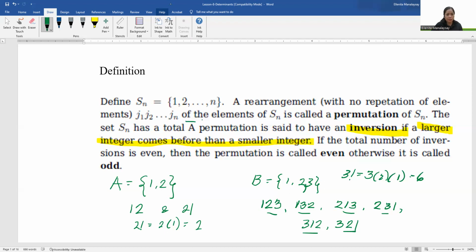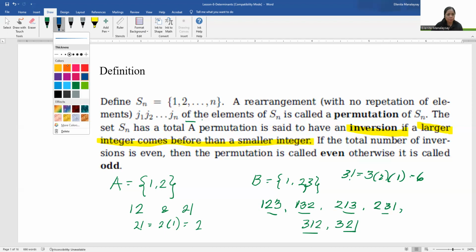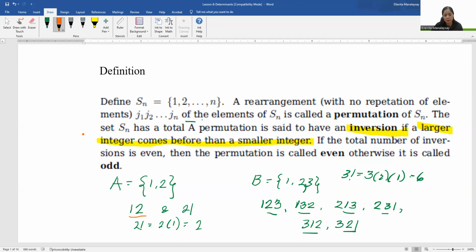Let us consider this arrangement. Let me choose another color. Say this arrangement, 1, 2. For 1, 2, this arrangement has no inversion, because 1 is smaller than 2.